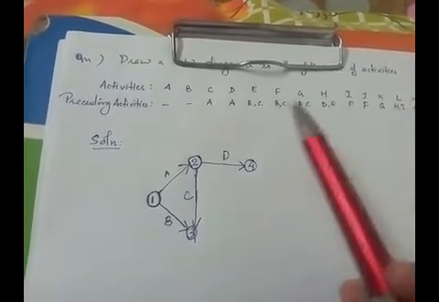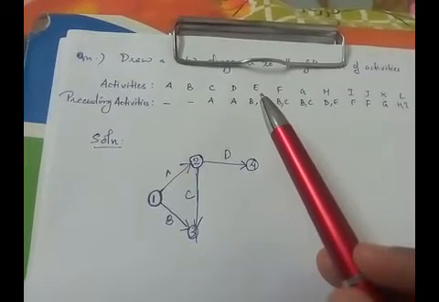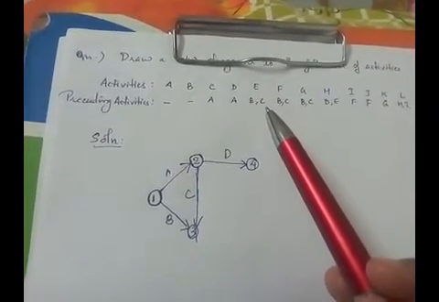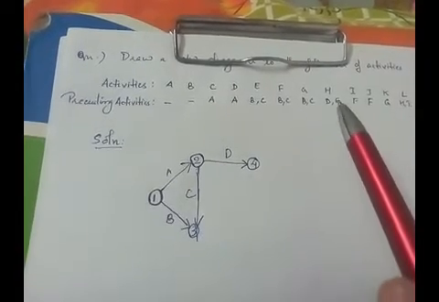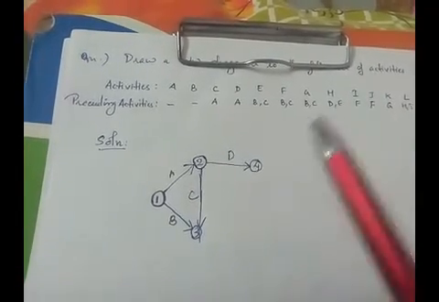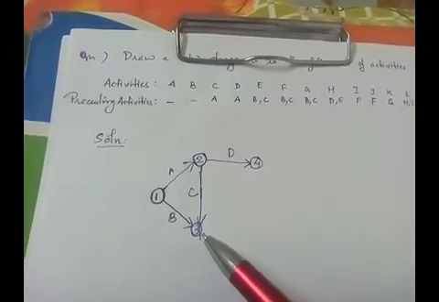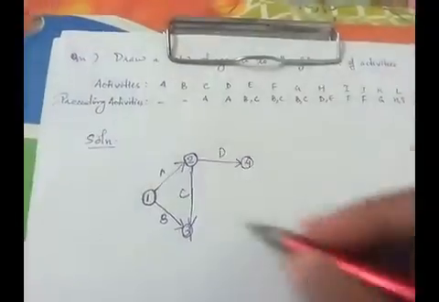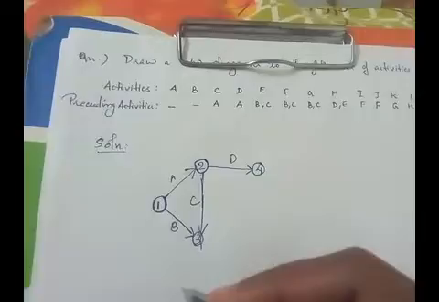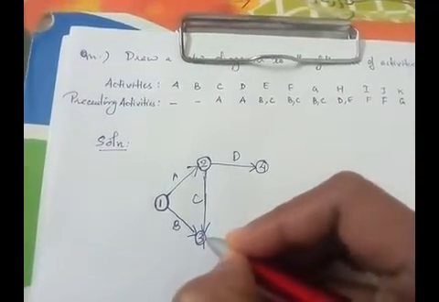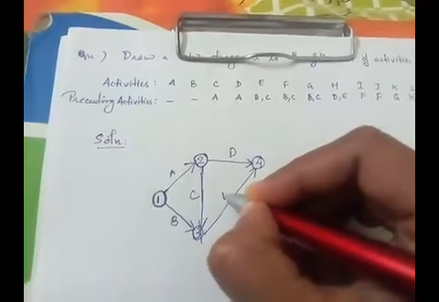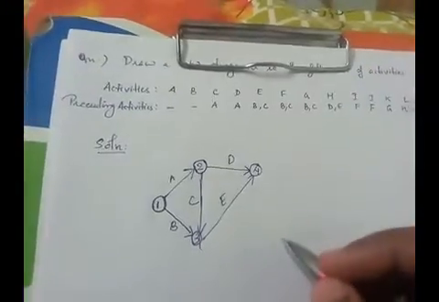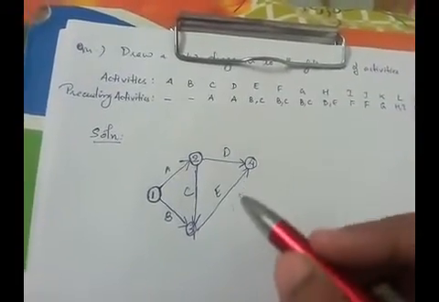Okay. So while drawing E, we know that E starts from the event where B and C ended. That means E starts from 3, but it has to end at the event where D ended. So E should be drawn from 3 to 4. So this is how we draw the activity E.